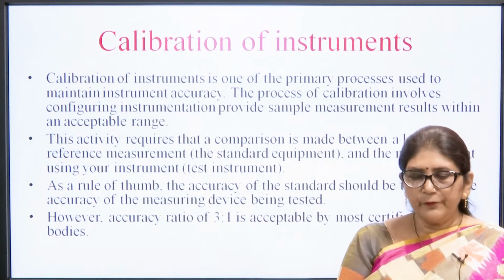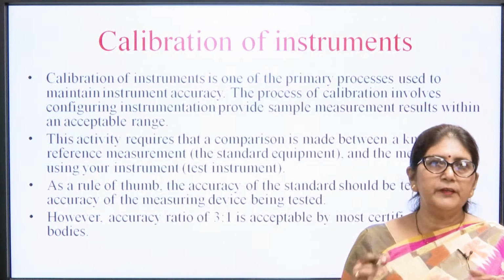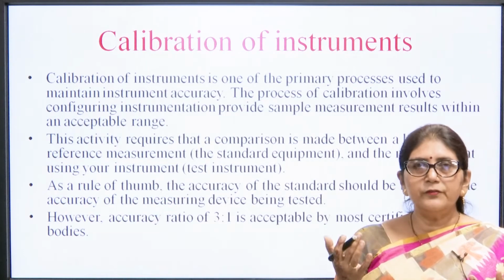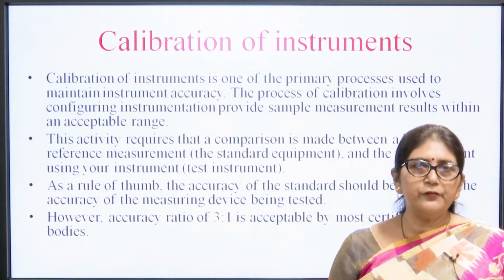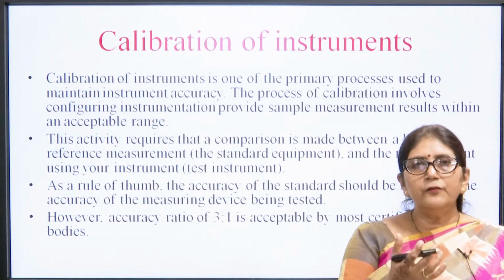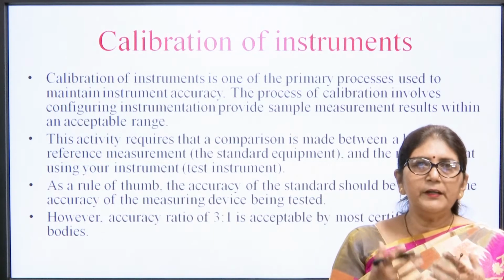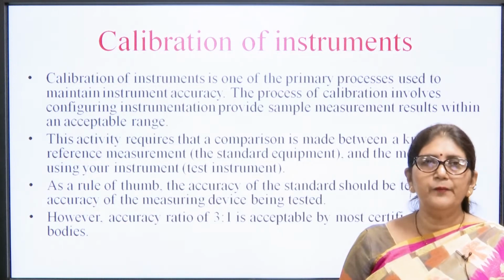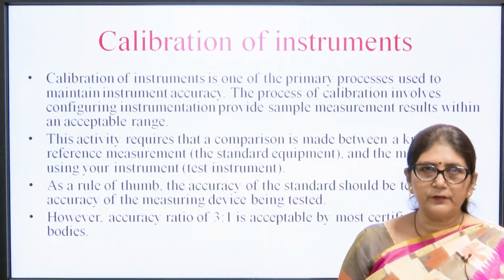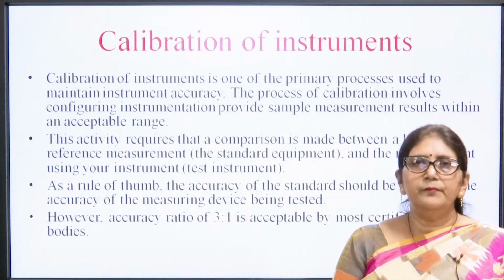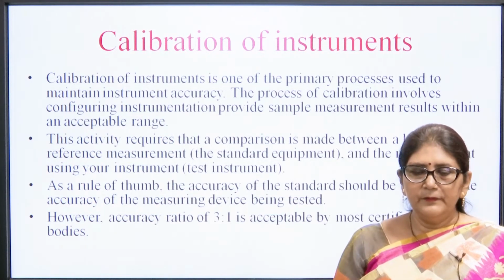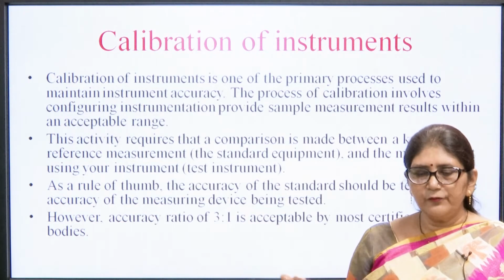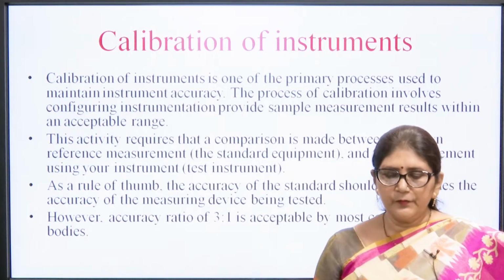As a rule of thumb, the standard instrument which we use as a reference for the calibration of our instrument should have an accuracy more than 10 times that of the instrument we want to calibrate. And sometimes, for example in our college laboratory, 3:1 is also acceptable.